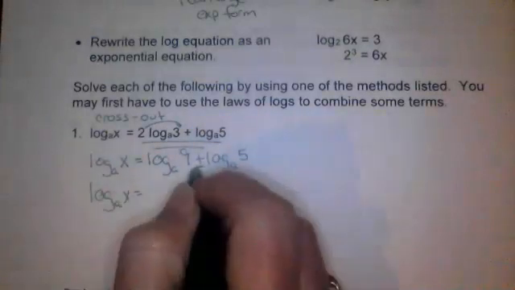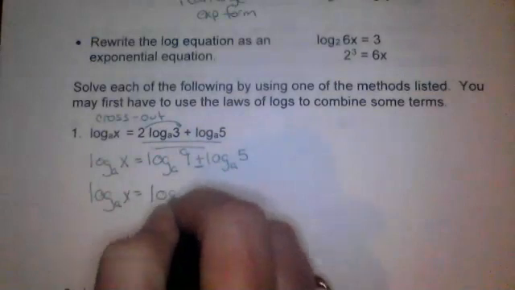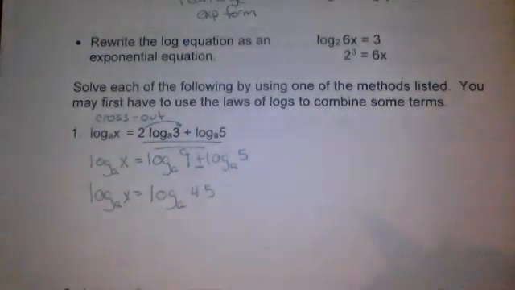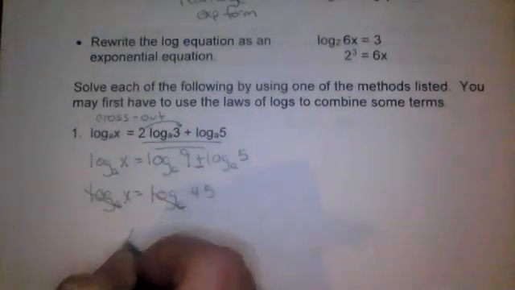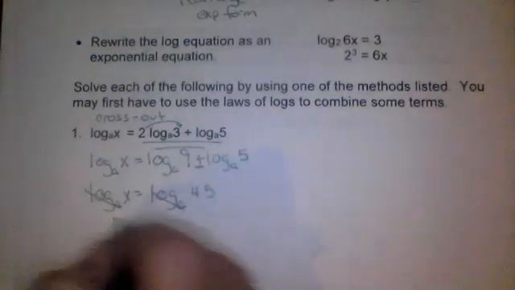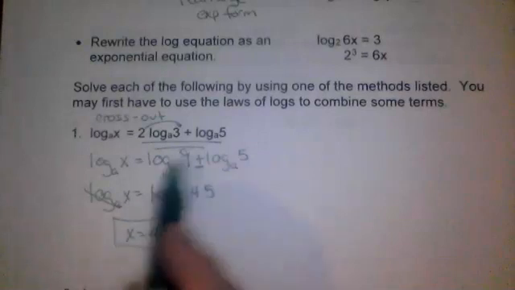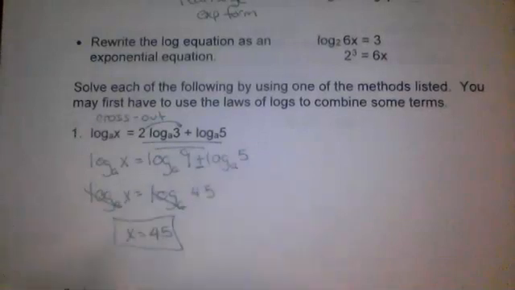And so addition is going to become multiplication, and it gives me log base a of 9 times 5, or 45. And then I can cross out the logs, and x is 45. So the cross-out problems where everything has a logarithm are not too bad. Just be sure you combine your logarithms together so that you have a single log on each side before you try to cross it out.